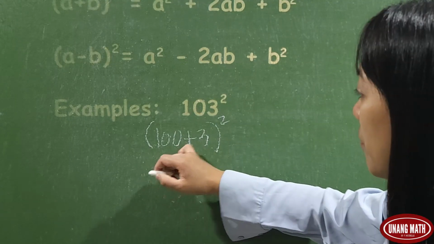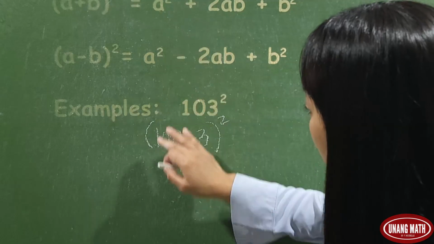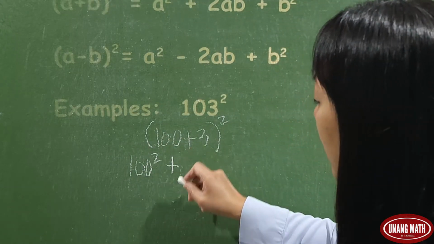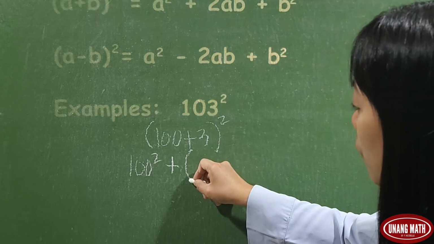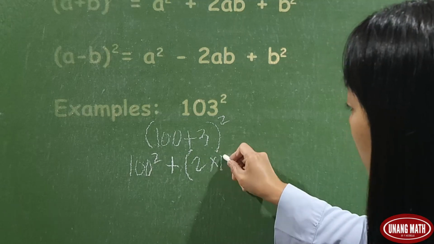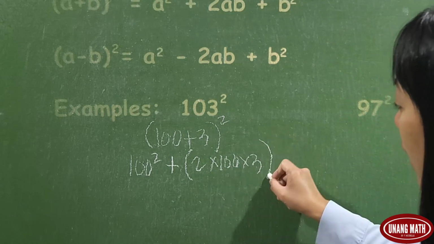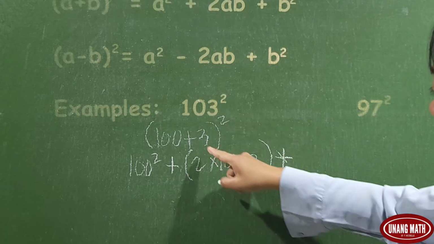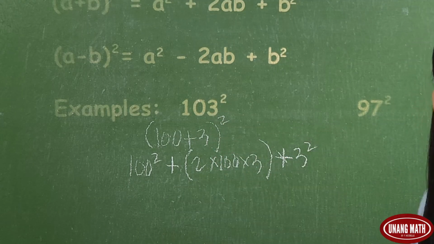So using square of binomials, a squared, so 100 squared, plus the product of 2ab, which is 2 times 100 times 3, plus b squared, which is 3 squared.